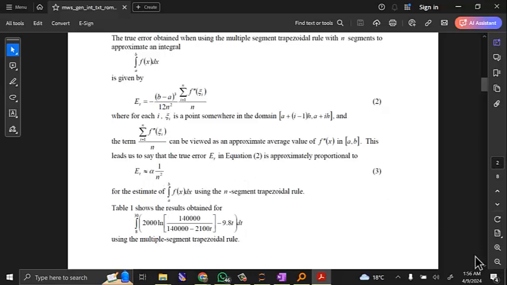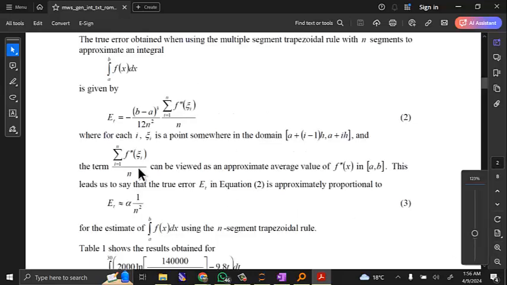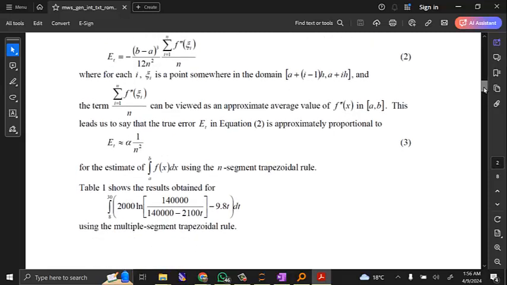So this is the basis of Richardson extrapolation, that you know that the error is proportional to 1 over n squared. So the idea is that if you take two equations and you know the error of both of them, then you can eliminate the error from the equation. All right, so let's go on here.